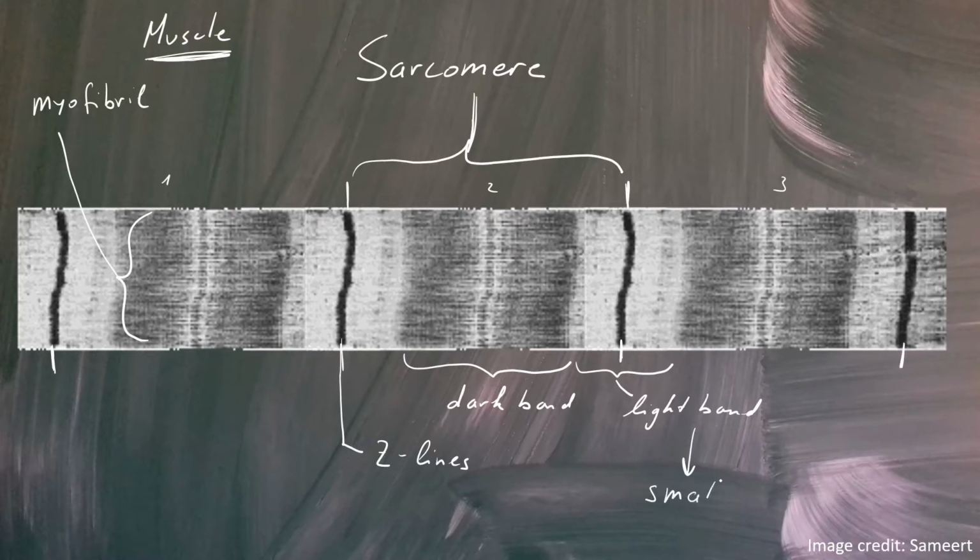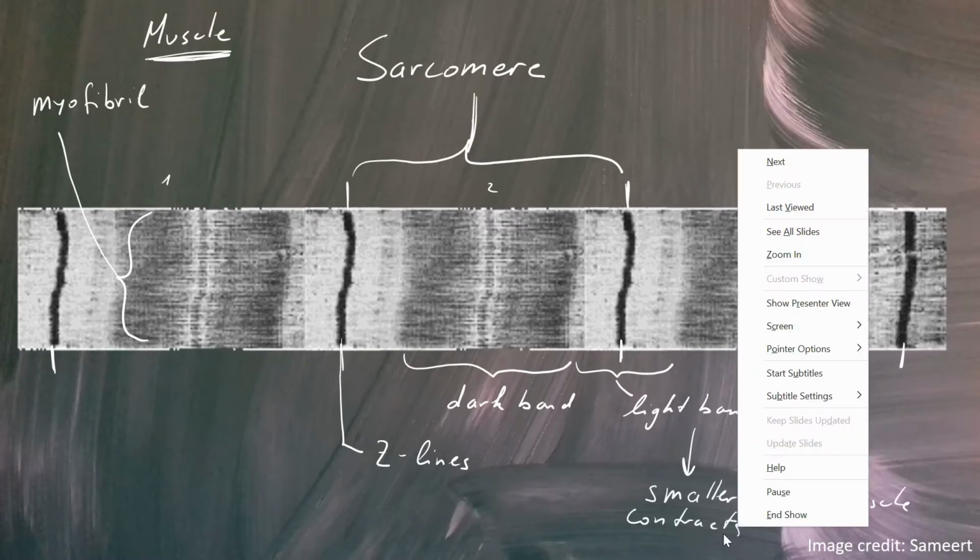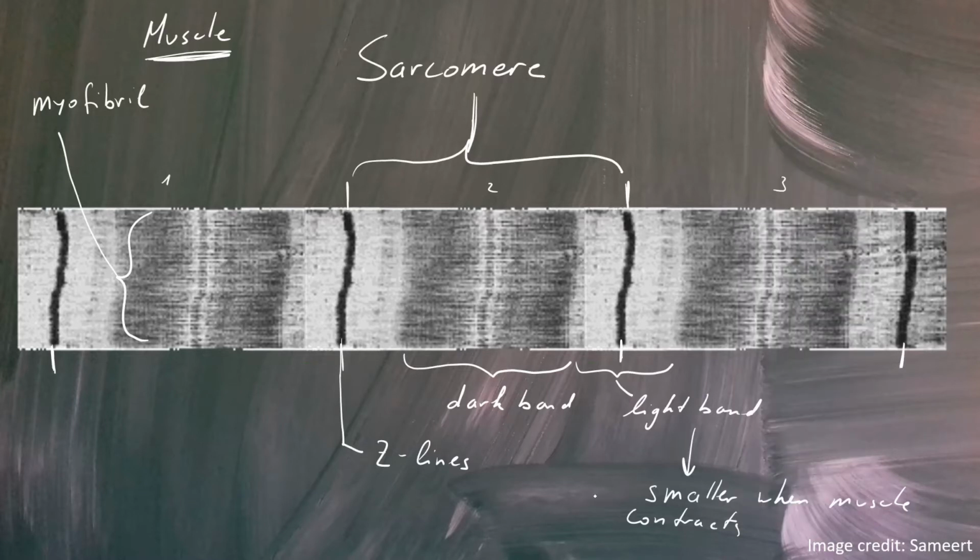When it contracts, the dark bands will move together and the light band will become more narrow. So that is essentially pretty much all that there is to label.